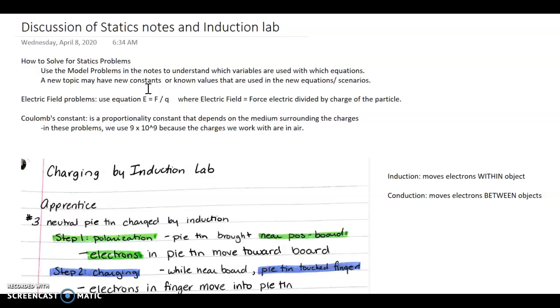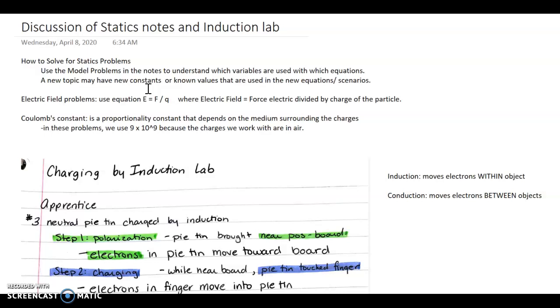So if we have two charges, you have to use the Coulomb's law equation with the constant in it. If you're just looking for a force, or just looking for an electric field intensity, then you can just use the E equals F over Q equation that I have here underneath.